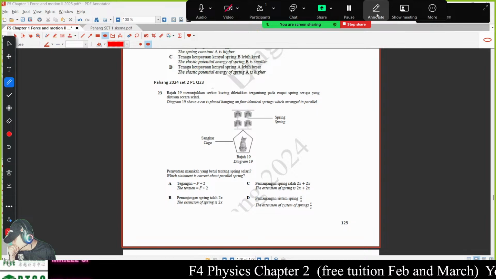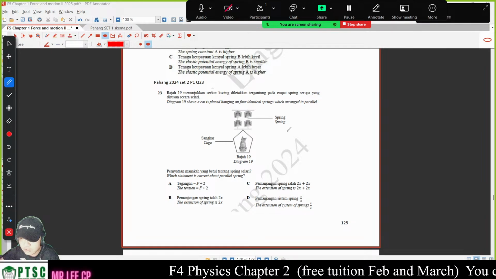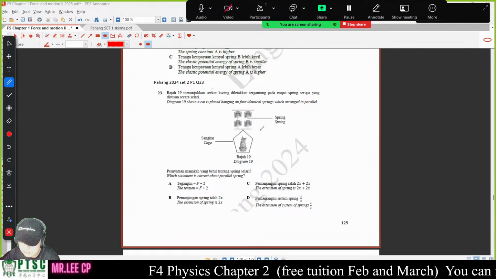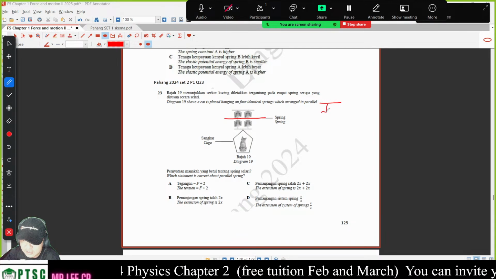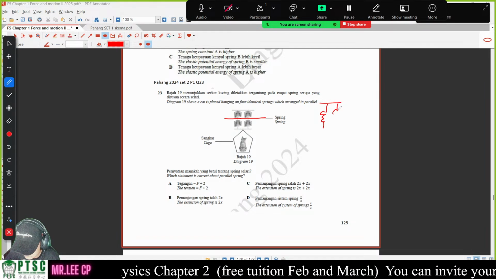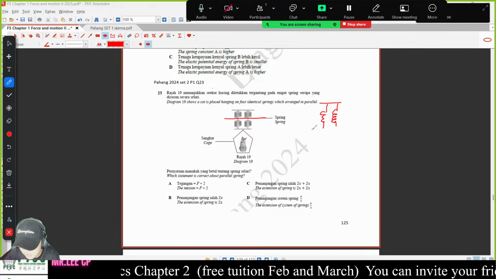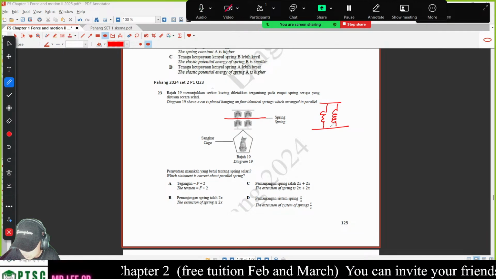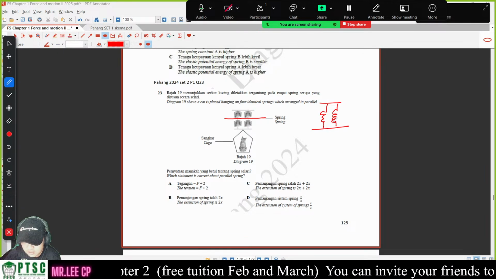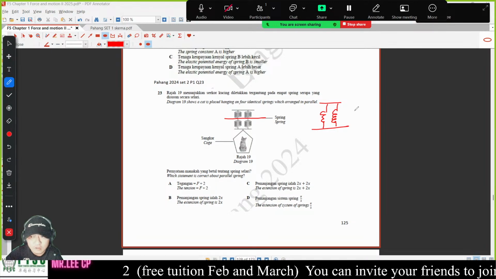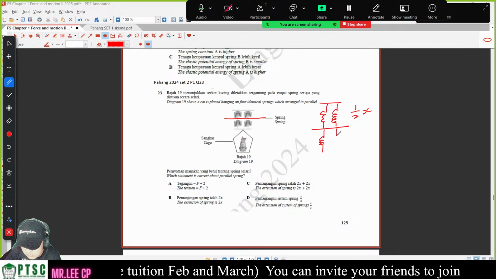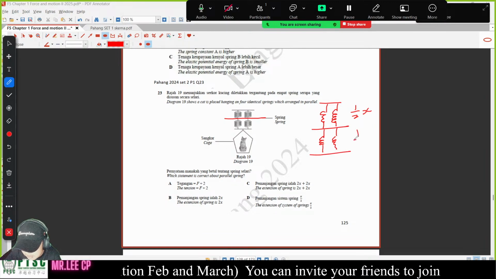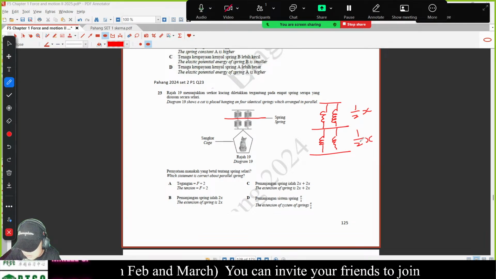Okay, let's see. If I hang it this way, one spring, the extension is X. Two springs together, so the extension will be half of the X. Now this one is series again, parallel again, so this is half of the X. So altogether should be X.